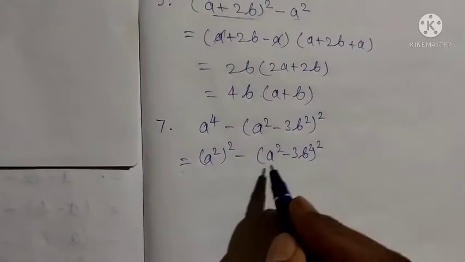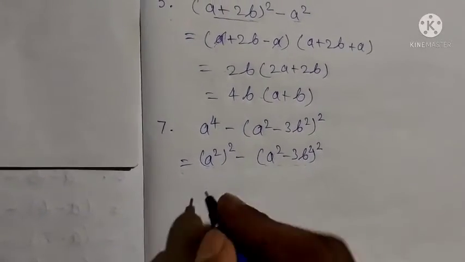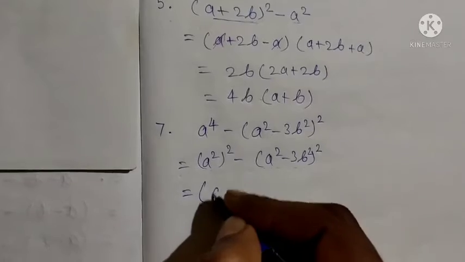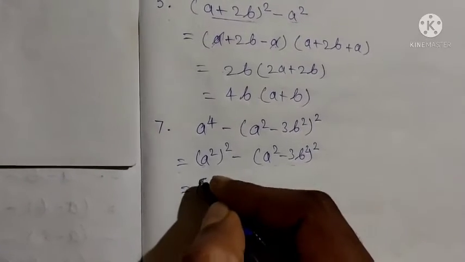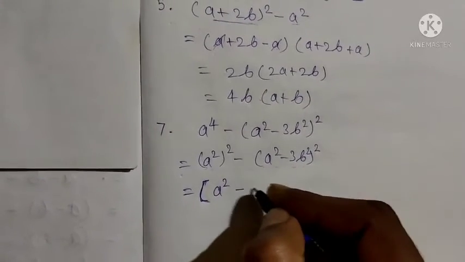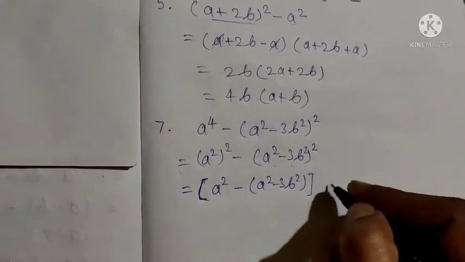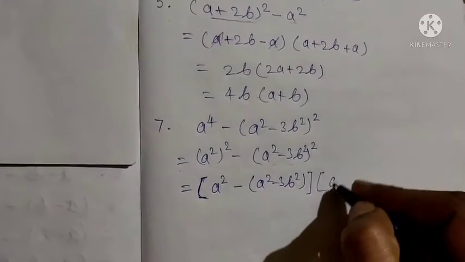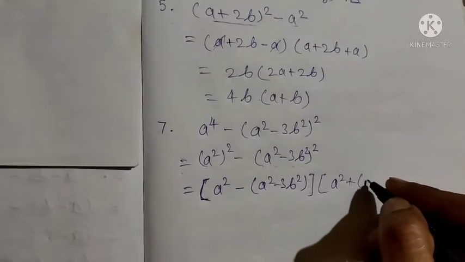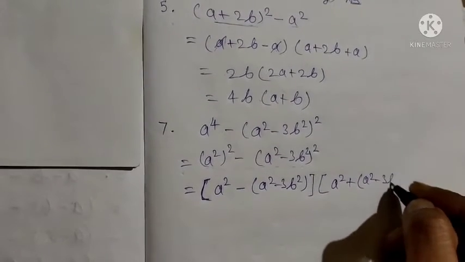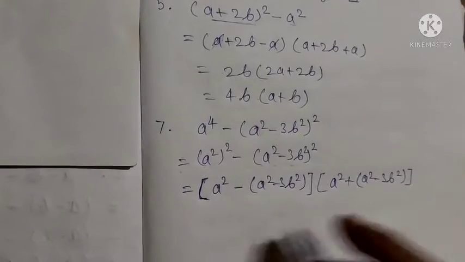Again it is in the form of a square minus b square, so it will be a square minus a square minus 3b square into a square plus a square minus 3b square.